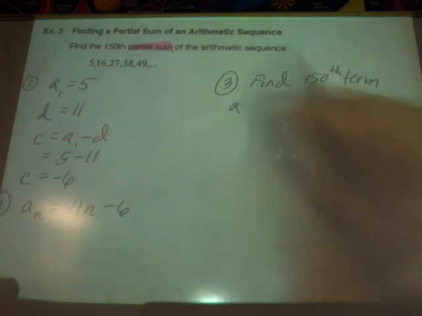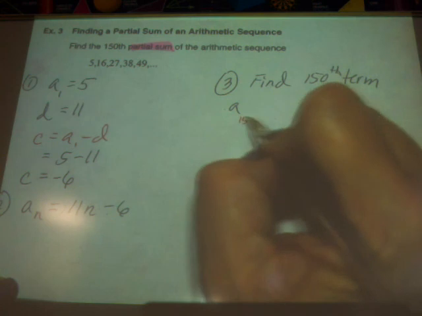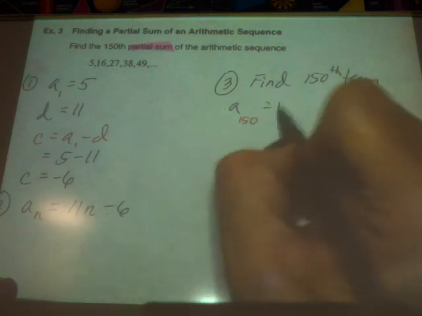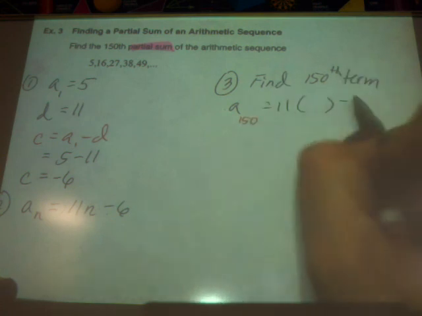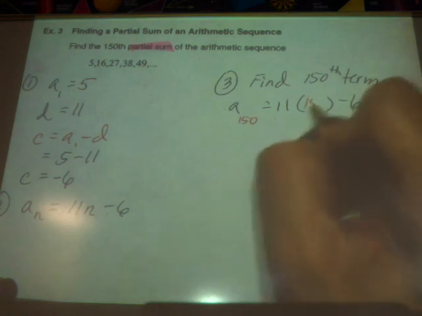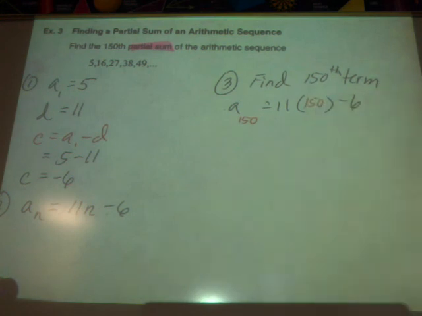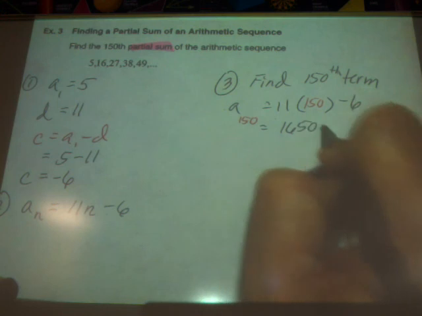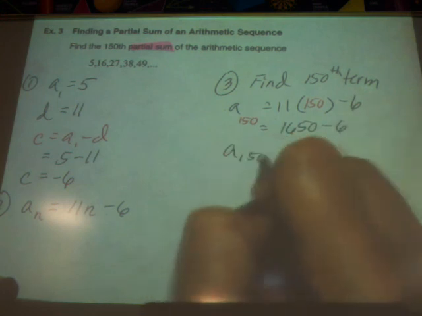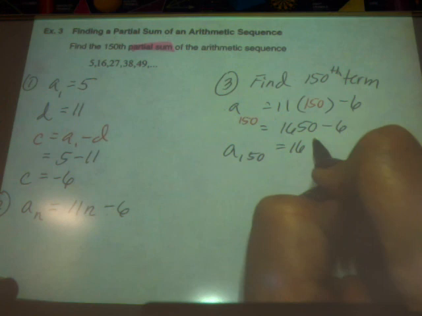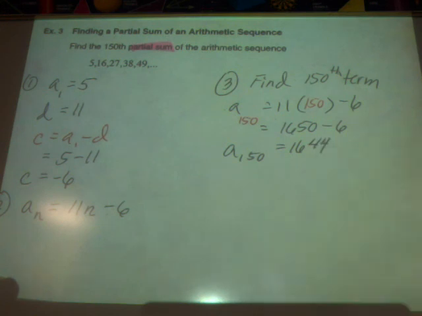So a sub 150 equals 11 times 150 minus the 6. 11 times 150 is, yes it is, 1650 minus 6. So a sub 150 is equal to 1644. So now we have the first term and the last term, right?